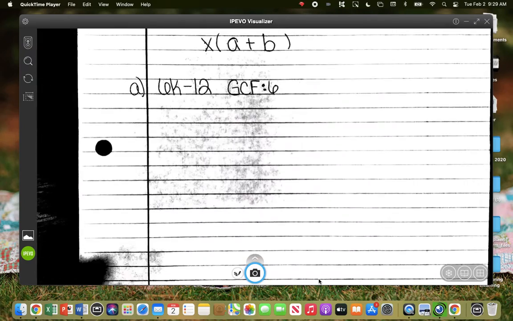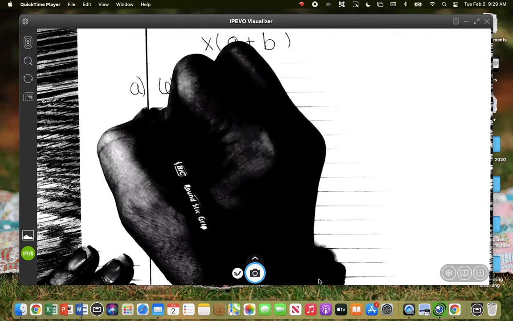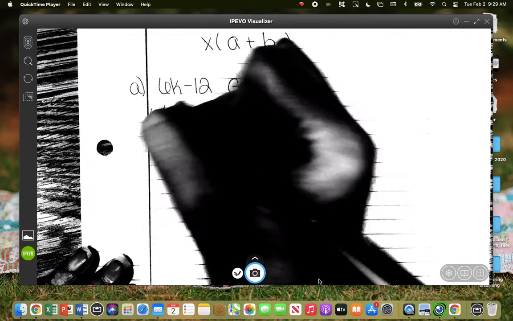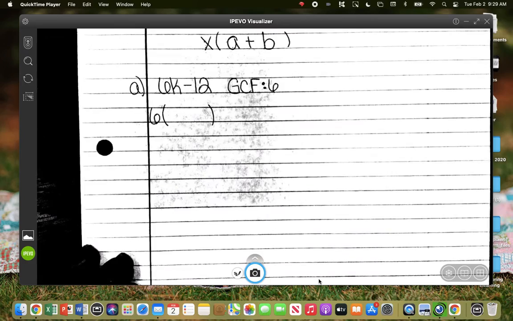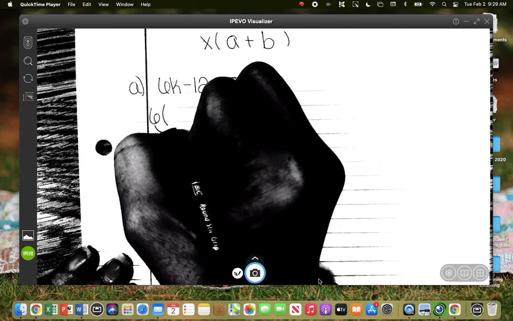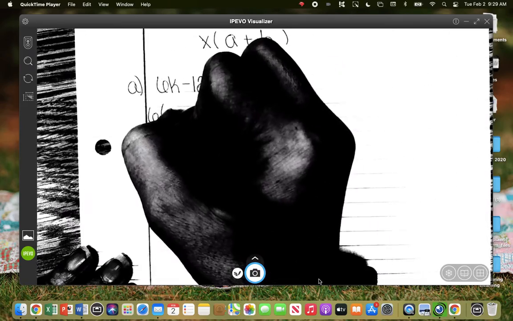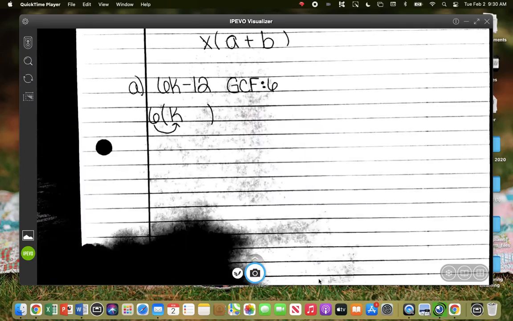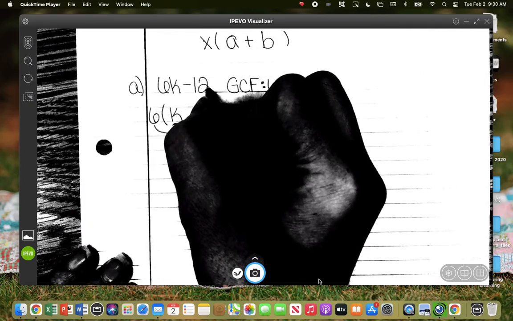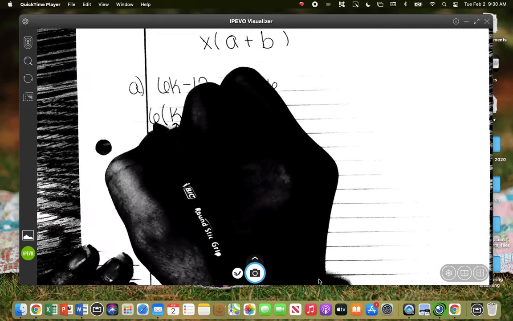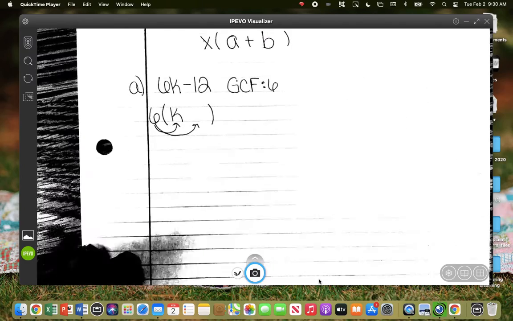So the greatest common factor, we're going to take it out. Let's think of the distributive property. 6 times what would give me 6k? Just a k. And then we're trying to get negative 12 for the second term, so 6 times what would give me negative 12?